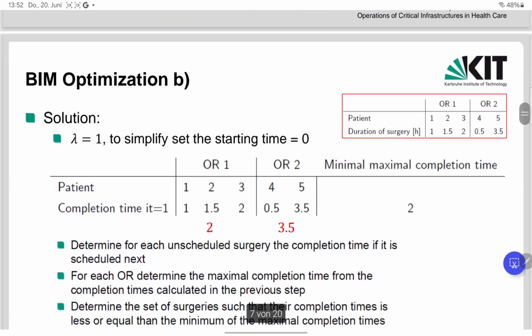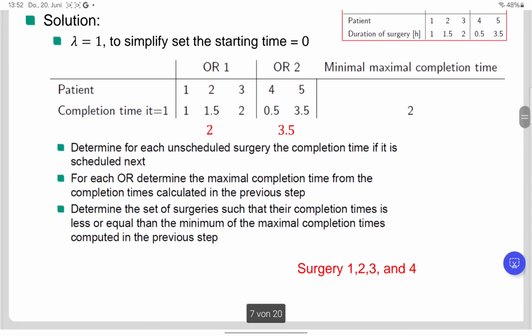And then determine the set of surgeries such that their completion time is less than or equal to the minimum of the maximal completion times computed in the previous step. First of all, this is the minimal maximal completion time, which in our case is 2. This is the minimum of our maximal completion times for operating room 1 and operating room 2.